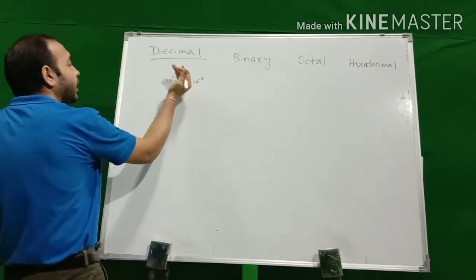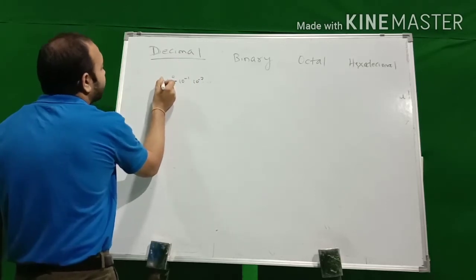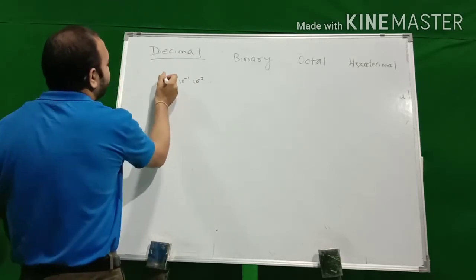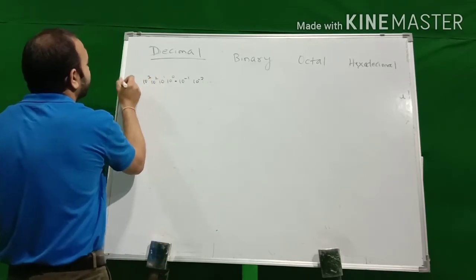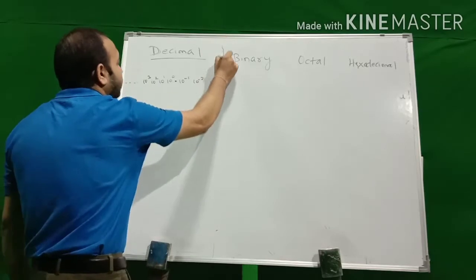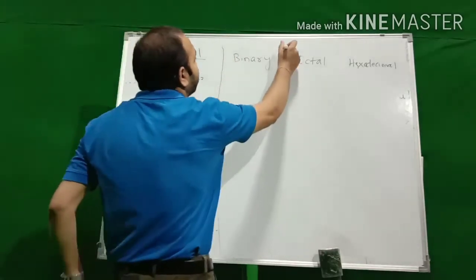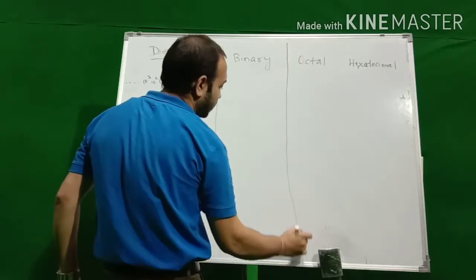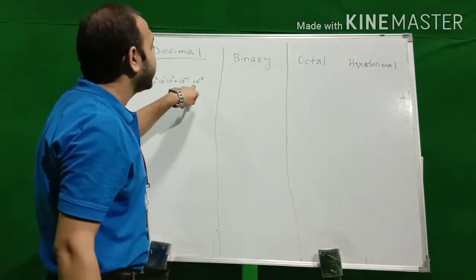So like this, 10 to power minus 1, then 10 to power minus 2. And if you are writing the integer part, you go left side, 10 to power 1, 10 to power 2, 10 to power 3. So this was your decimal. Same thing you have to do in binary. In binary it is the same, only the base changes.